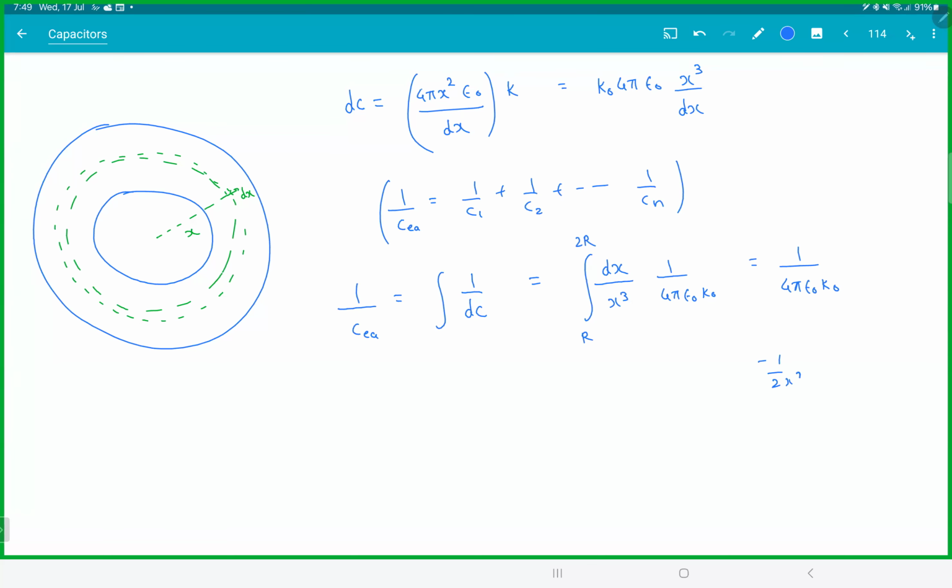Minus 1 by 2 x square. That would be 1 minus 1 by 4, 3 by 4. So you're getting 3 by 8. Am I right? Yeah, looks right. So your C equivalent will be 32 pi epsilon k naught by 3 into r square.